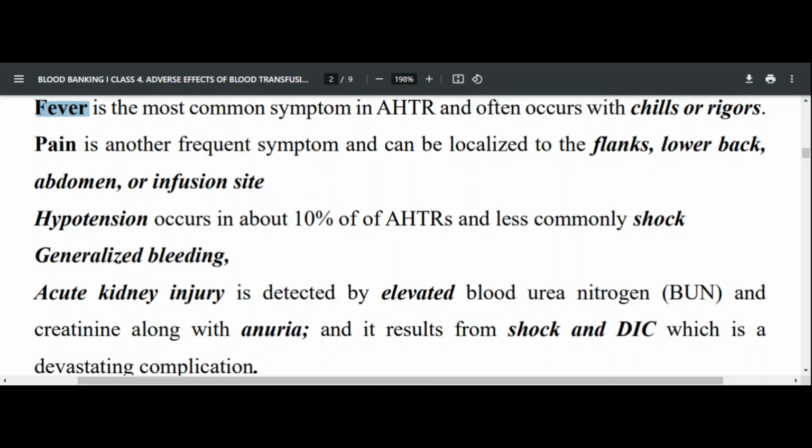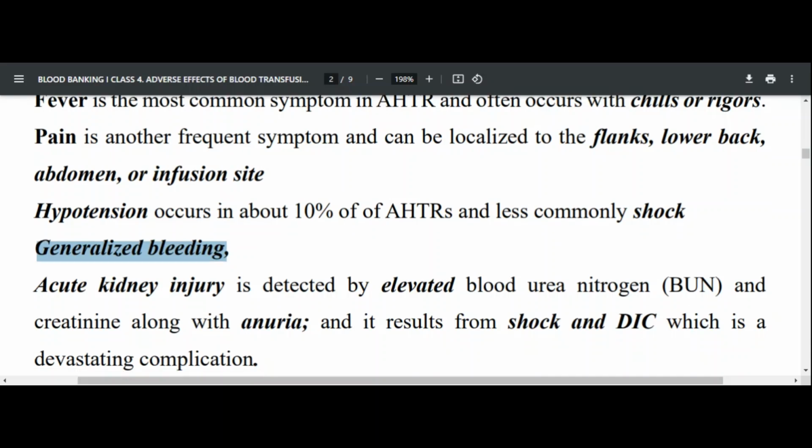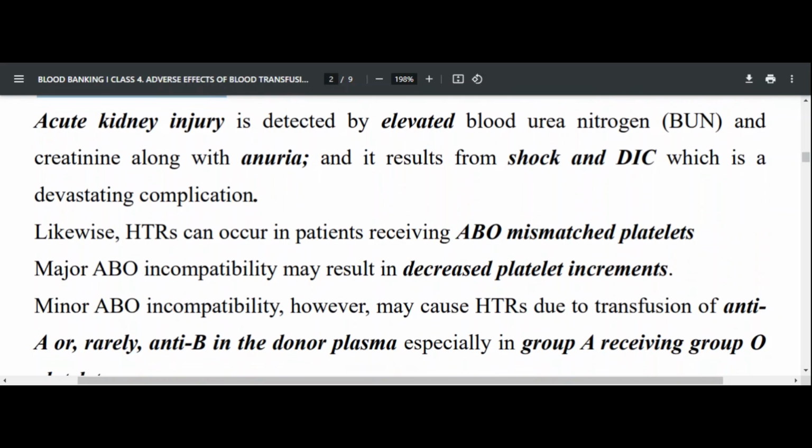But remember, pain at the infusion site is very specific for acute hemolytic reaction. Secondly, shock and generalized bleeding are also specific symptoms of acute hemolytic reaction. Hypotension is common in other reactions, so it's not really specific for this one. That is what I want you to look at and try to keep in mind, right?